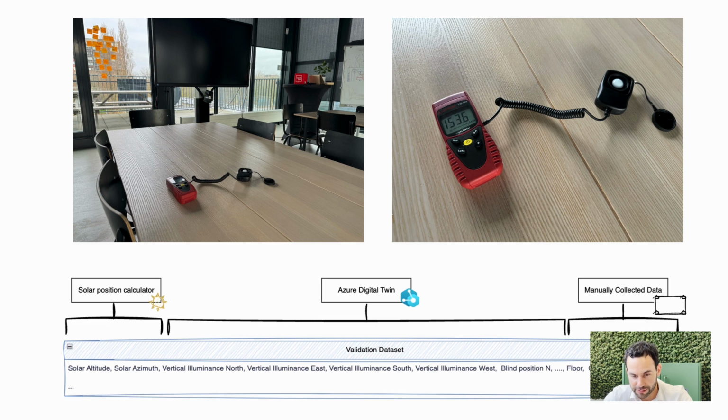For example, in this area, in this desk. And then by exploiting the capabilities of a digital twin, we can easily create the entire data set, because the digital twin knows about the blind positions and the different vertical illuminances, which is data coming from the sense modules.